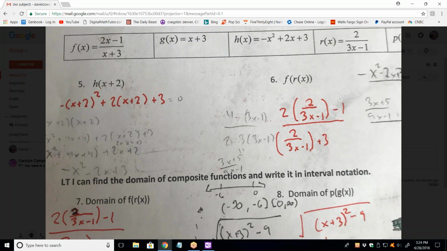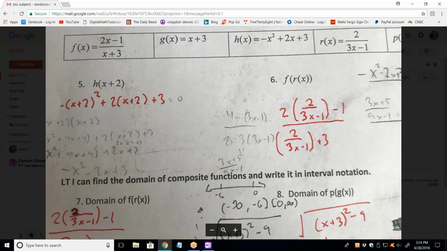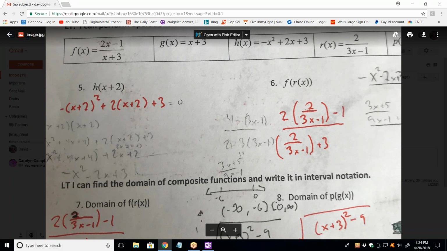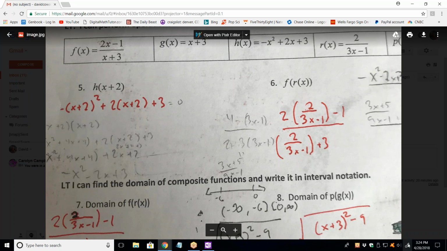In other words, the domain of f of r of x cannot violate the f of x domain, and it cannot violate the r of x domain. So let's start there. What is the domain of each of those?